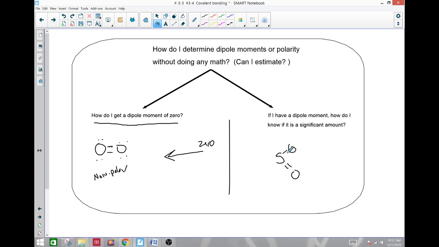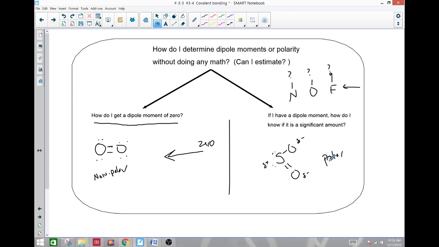What we do is we just keep our eye on these guys, N, O, and F. Anytime you have one of these guys bound to something else, we know that these highly electronegative atoms will be negative. This guy doesn't share nicely with the sulfur, so it's going to be partially negative here, partially negative here, and there are also pairs of electrons here. Therefore this side is partially positive. This guy is polar.